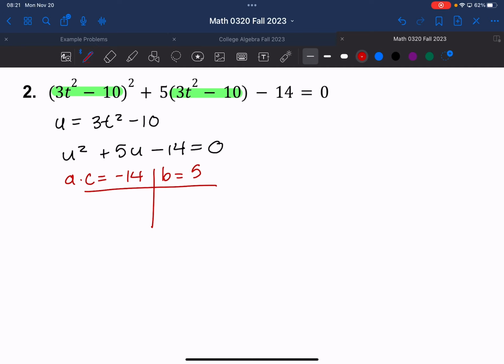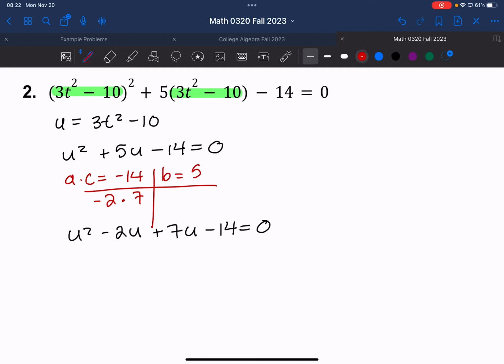So what are two numbers that multiply to negative 14 but add to 5? Negative 2 and 7. Perfect. Negative 2 times 7. If we add that together, we get positive 5. So I'm going to use those values to expand my equation. So u squared minus 2u plus 7u minus 14 equals 0.